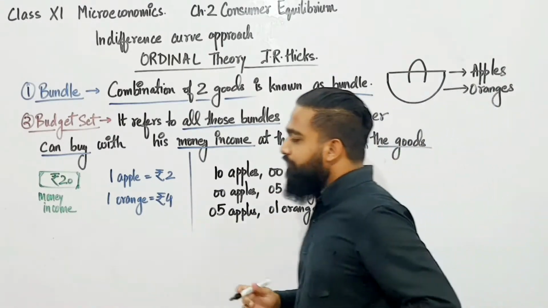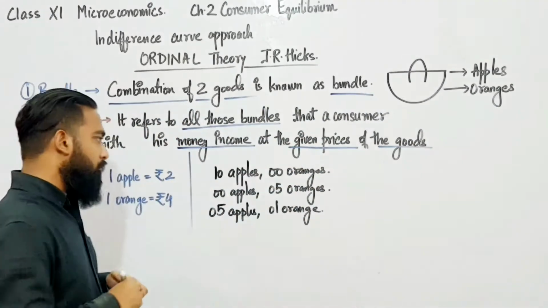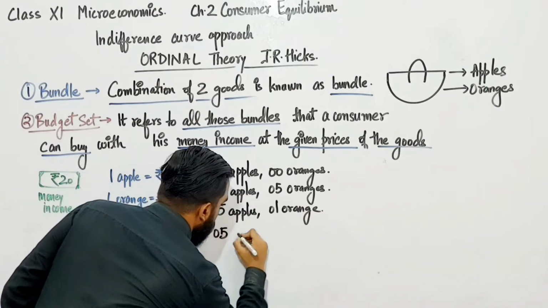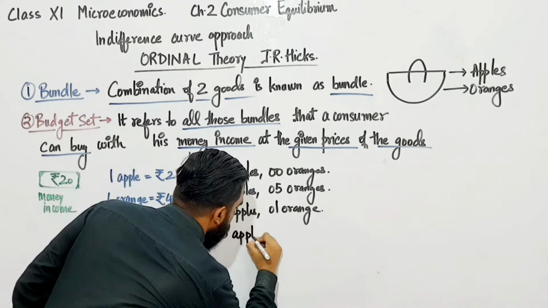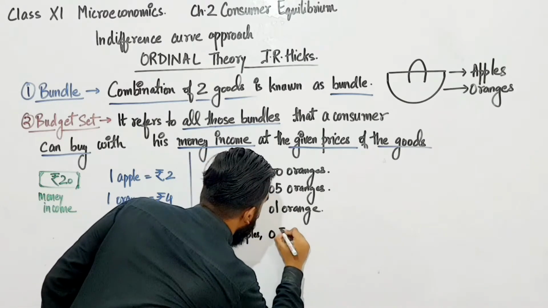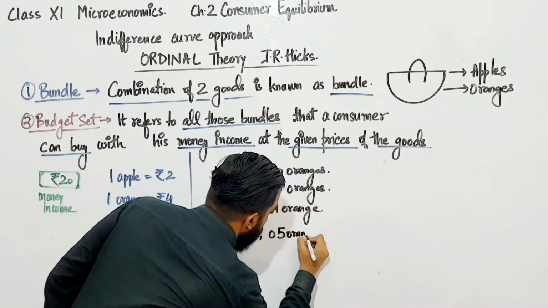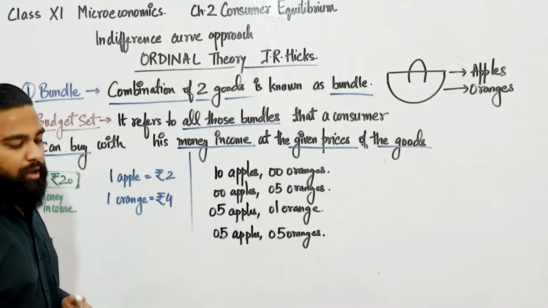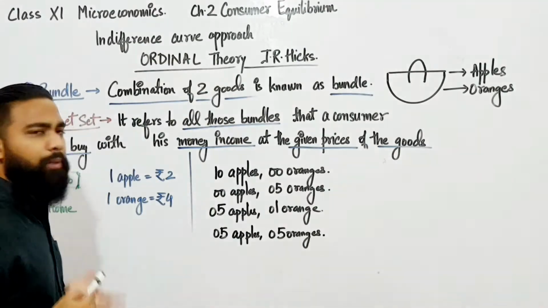Now, if I ask you to go and buy 5 apples and 5 oranges in this 20 rupees money income, can you buy it?